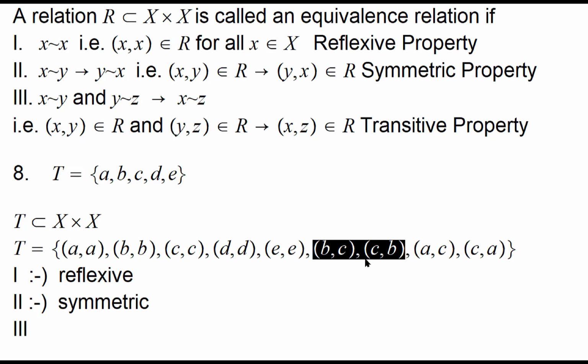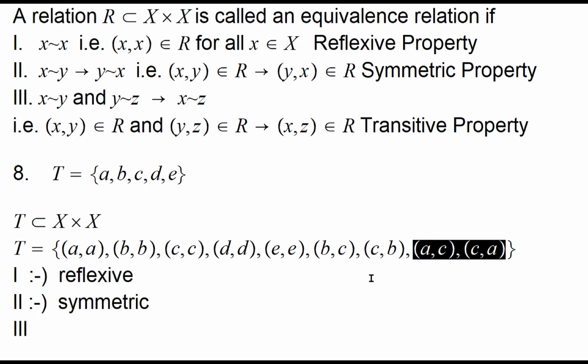And also if CB and BC are there, then CC is there, which I missed looking at in the previous example. And same with this, AC and CA means AA is there. Or if we take CA and AC, then that will show us CC is in there.